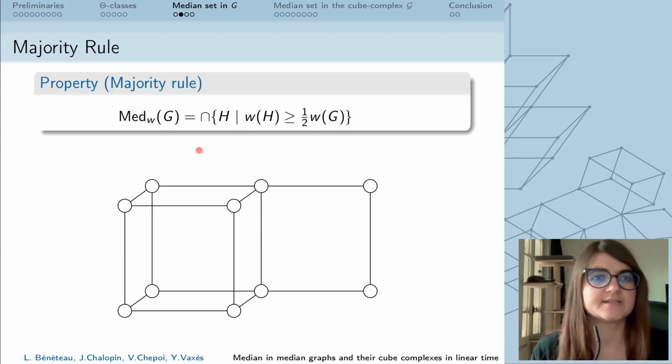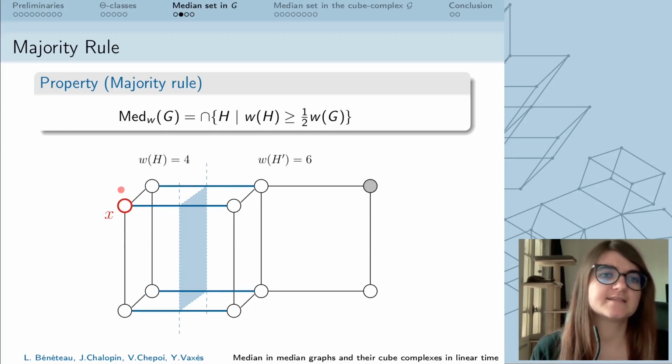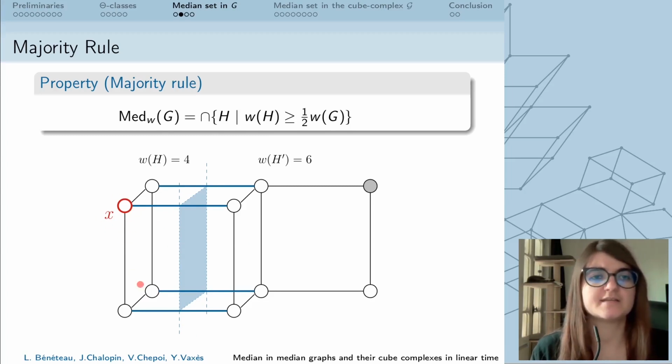So here we take each vertex with a weight of 1, and we take this theta class that divides the graph in those 2 half spaces, and we assume that X is a median while it is in the minoritary half space.